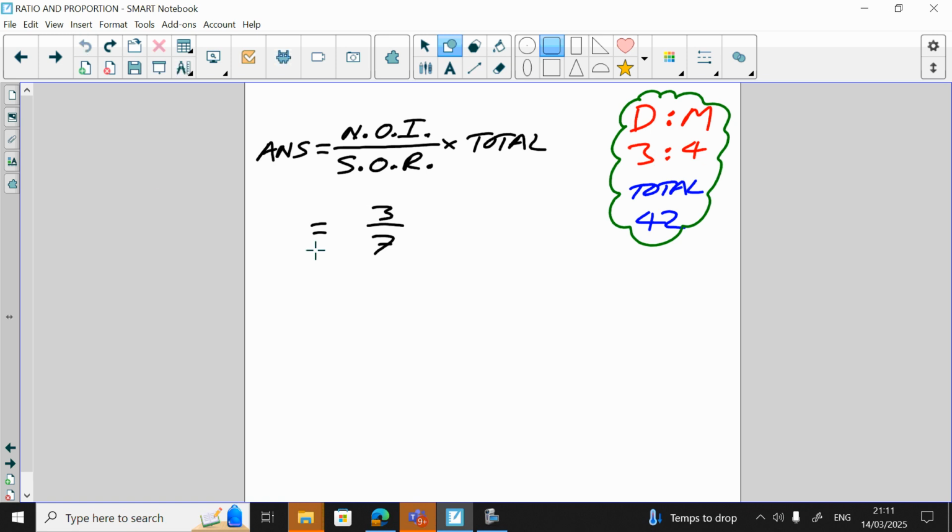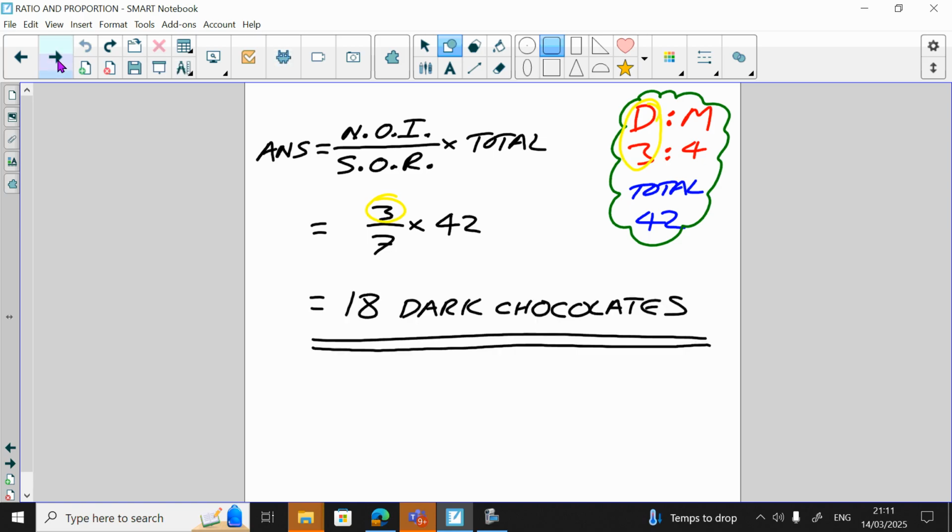Okay, so that's a fraction of the total, so it's times the total of 42. So 3 divided by 7 times 42. You can do this various ways. Use your calculator. 3 divided by 7 times 42. So you get 18 dark chocolates. Fantastic.